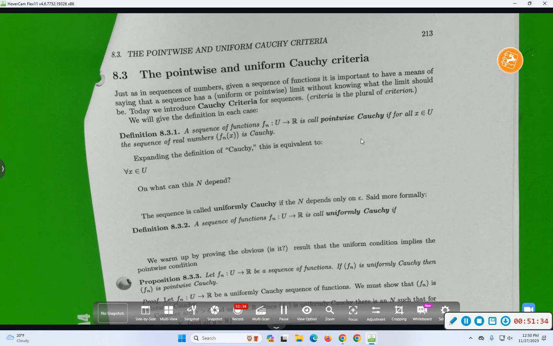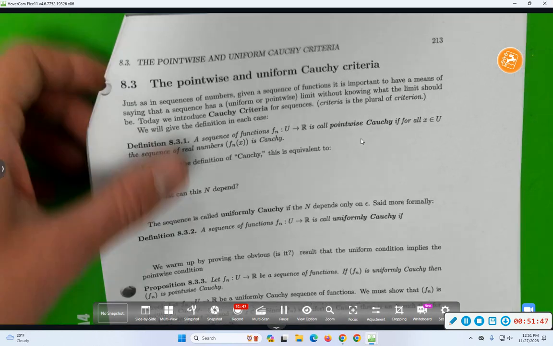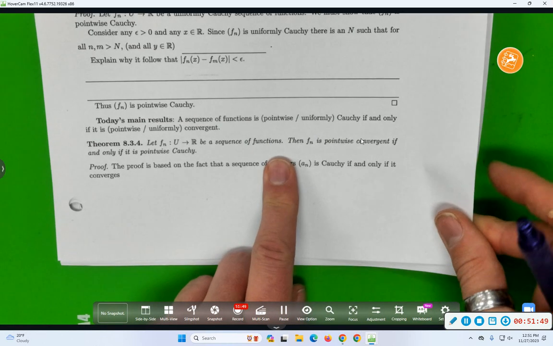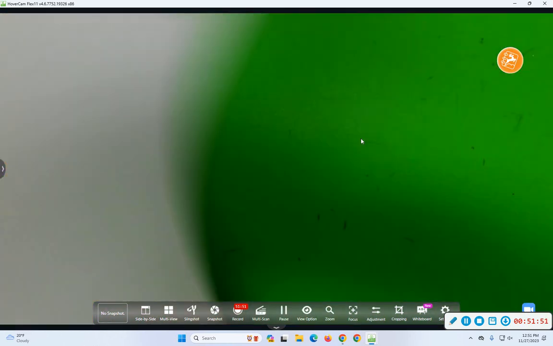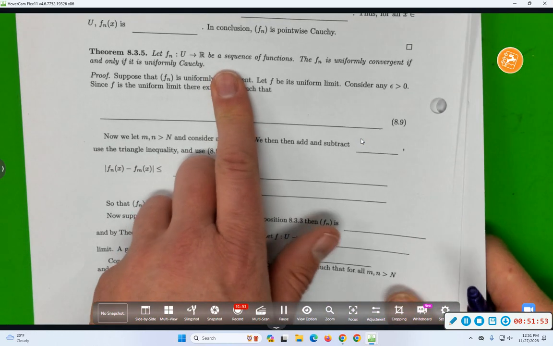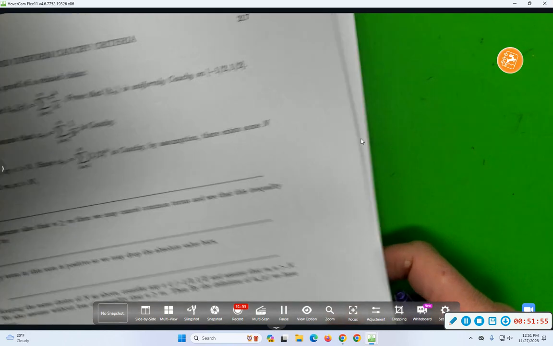And then I'll ask, well, what if you want this big N to not depend on the choice of x? Make that change, and you have the uniform Cauchy criterion. And Cauchy's theorem still holds in this end. Pointwise convergent if and only if pointwise Cauchy. Uniformly convergent if and only if uniformly Cauchy.